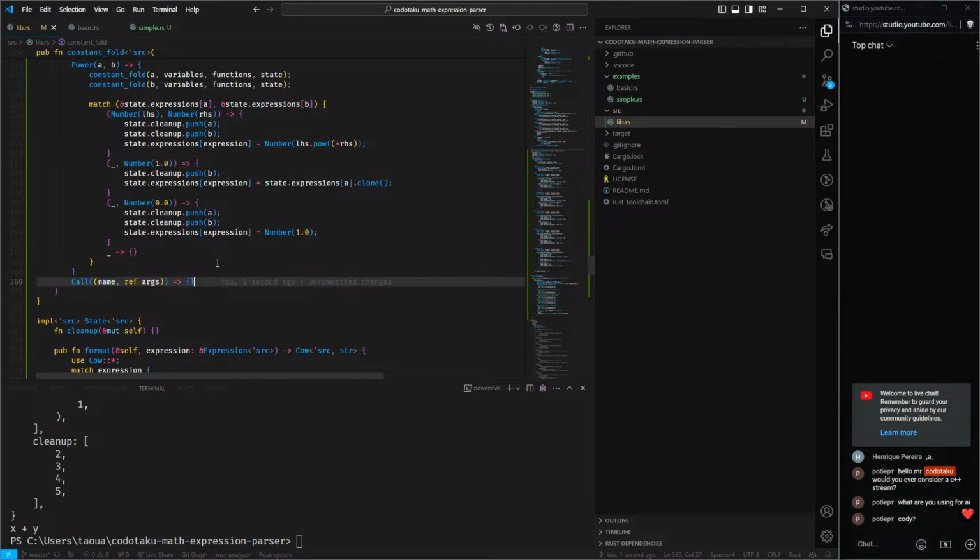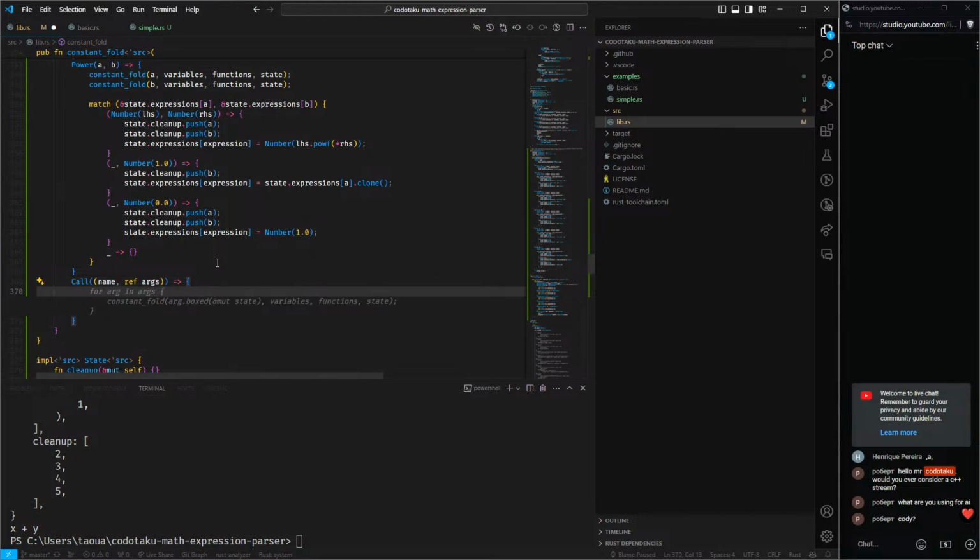Okay, cool. Alright, so we're going to go through all the args and basically make sure to ConstantFold all of them, and then make sure that all of them got, but hold on, okay, so let's actually start doing that, right? Yeah, exactly, good job. For arg in args, ConstantFold arg.boxed.